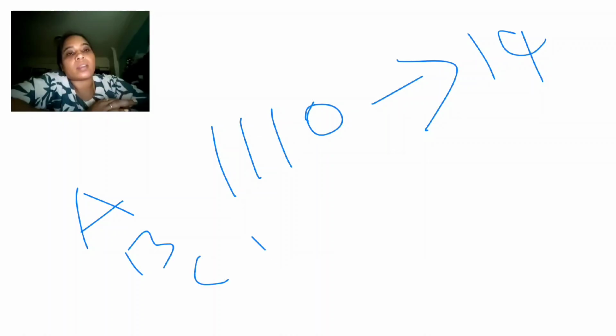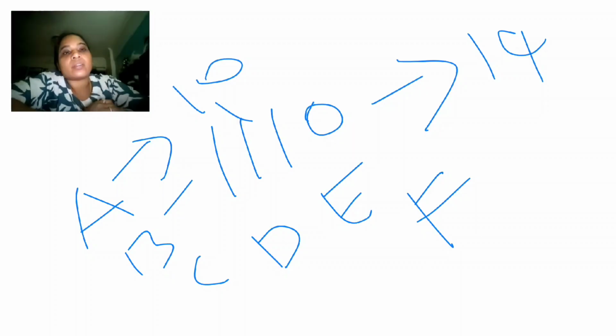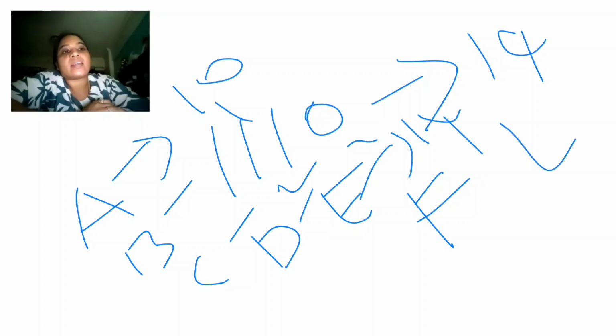Okay, so 14 means hexadecimal value, we don't write this 14. How we can write? A B C D E F. Okay, so this is your 10 value, number 10, 11, 12, 13. What is the value of 14? Yes, E. So that is your hexadecimal value.